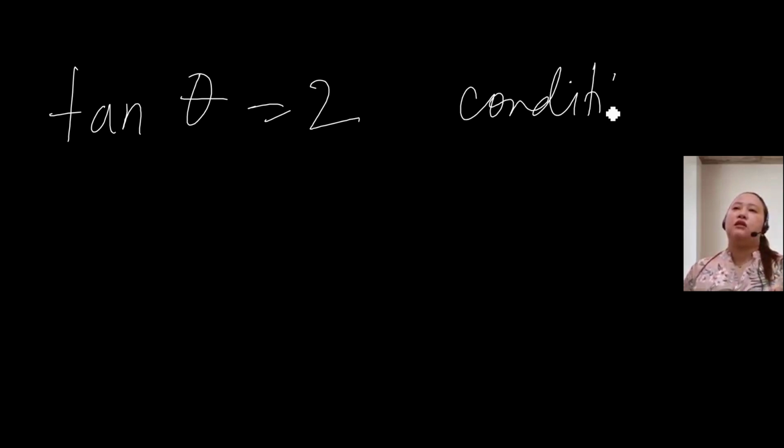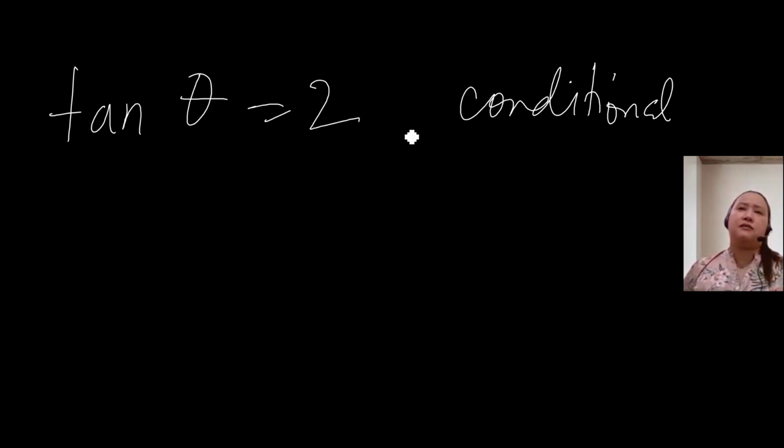So tangent of theta equals 2. Since this is conditional, by the way, in our first example, we identified the values of theta in which the sine of theta equals 0. And we were able to come up with the values 0 and negative pi. Actually, there are a lot more.